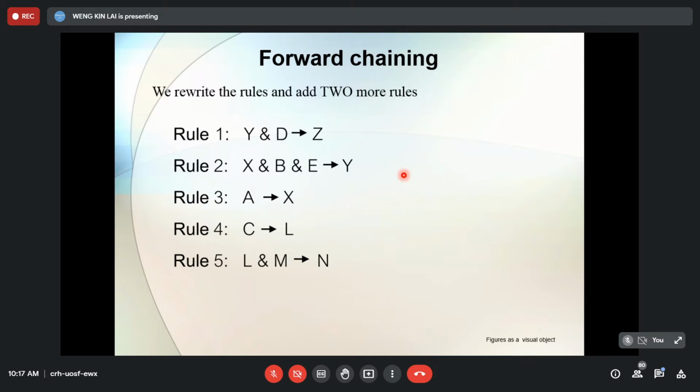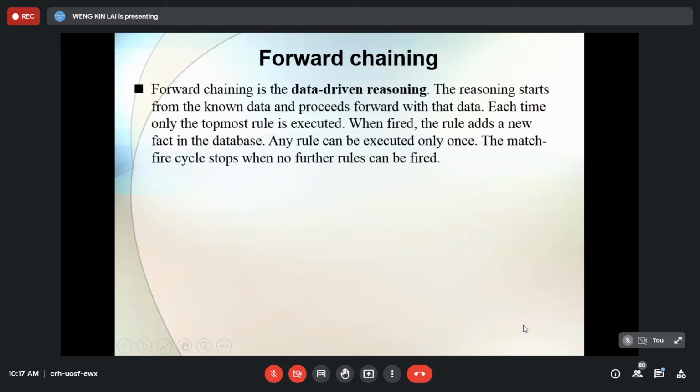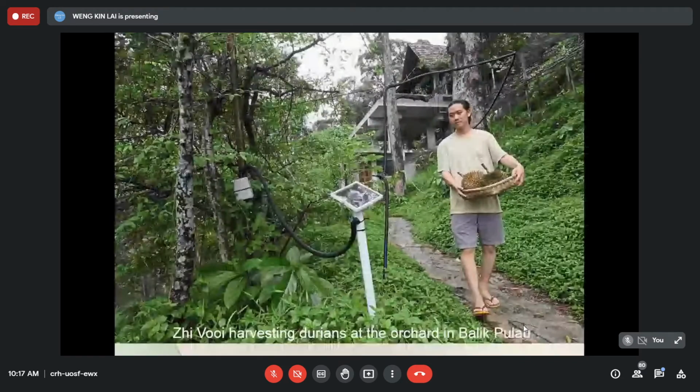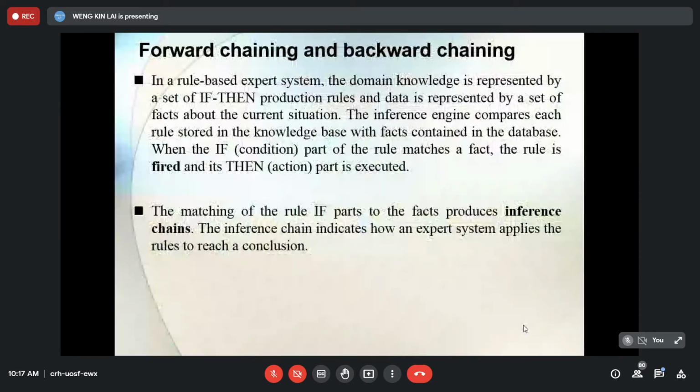I think I missed this one, okay, this is the one I missed out. That's why it looks a bit strange. I think this is the one we actually need to revisit again, because otherwise you miss out.